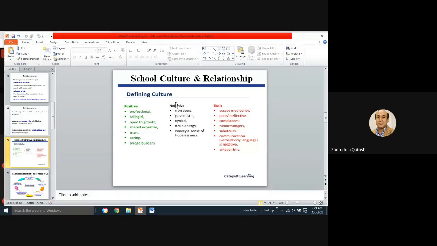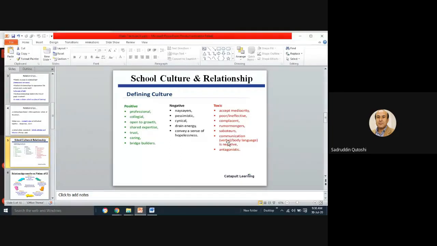These two, negative and toxic, are very unhealthy for a school to improve. So you need to understand this relationship. If the school culture is negative, if the school culture is toxic, the relationship between principal and teachers, between teachers and students, between school and parents, and with everyone will be worsened.